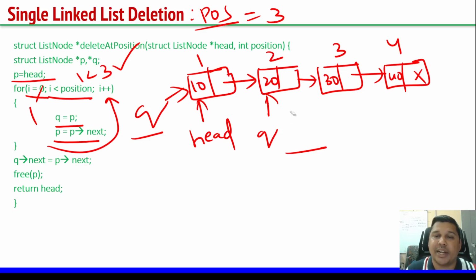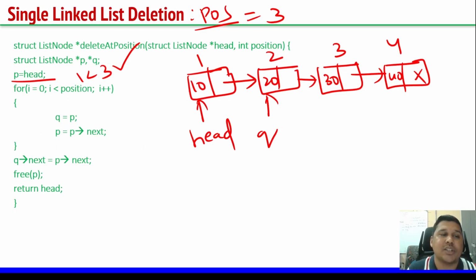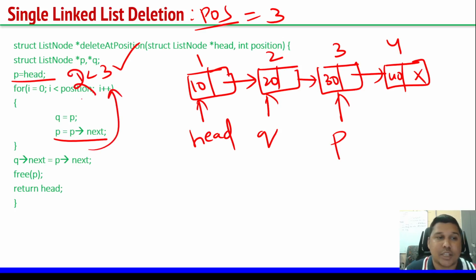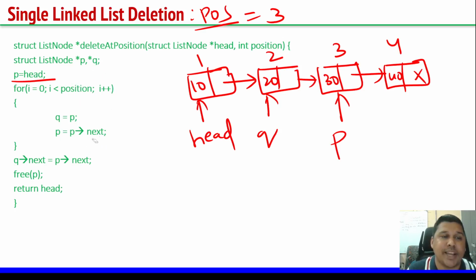So, this will be deleted. This Q is gone from here. And what I am doing next? I am writing P equal to P next. So, this becomes my P. Again go up, do I plus plus, I becomes 2. 2 is less than 3, okay, small mistake here, it should be position minus 1.